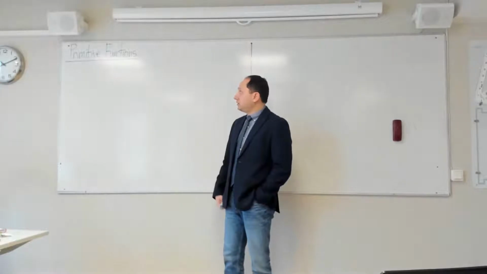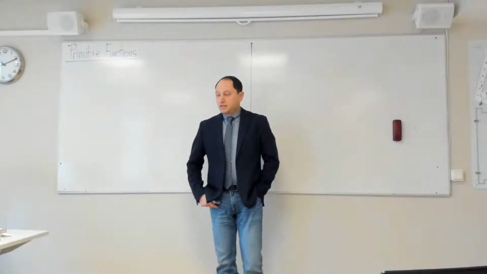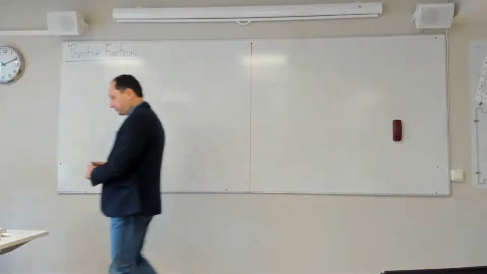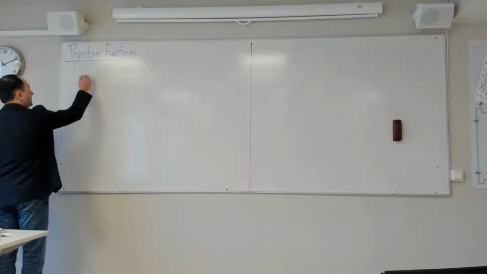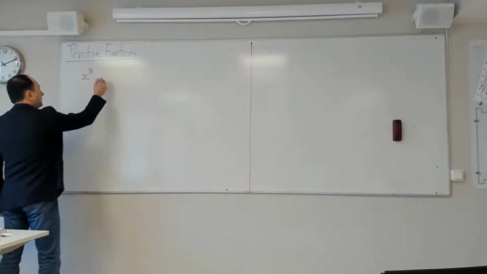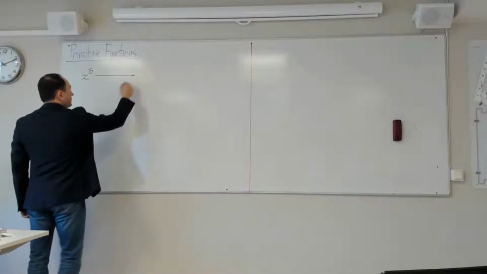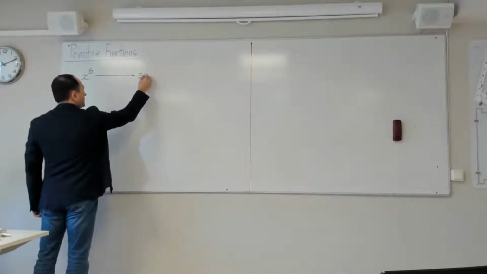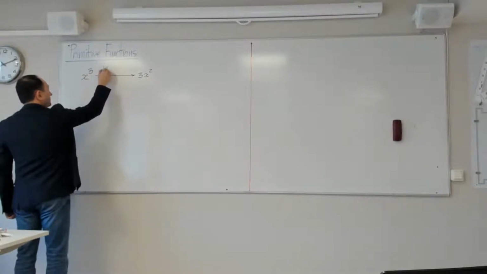So today we want to talk about the notion of a primitive function. As I told you here, if you have a function x to the 3, for example, differentiation will take you from x to the 3 to a new function, 3x squared. This is differentiation.